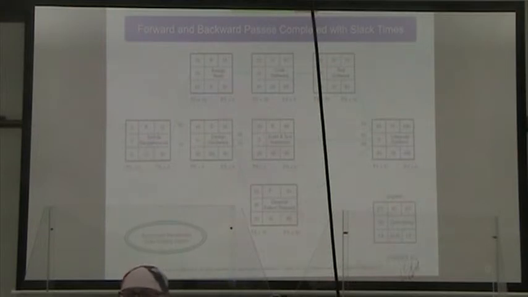But you'll notice we have a path here where the slack is 0 for every activity. That's what we call the critical path.